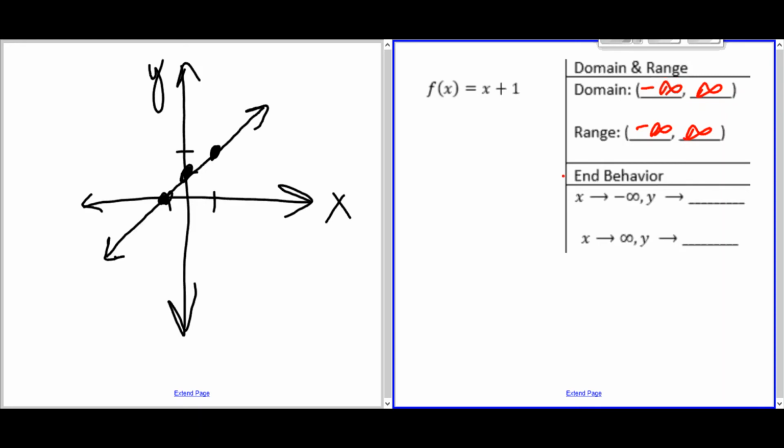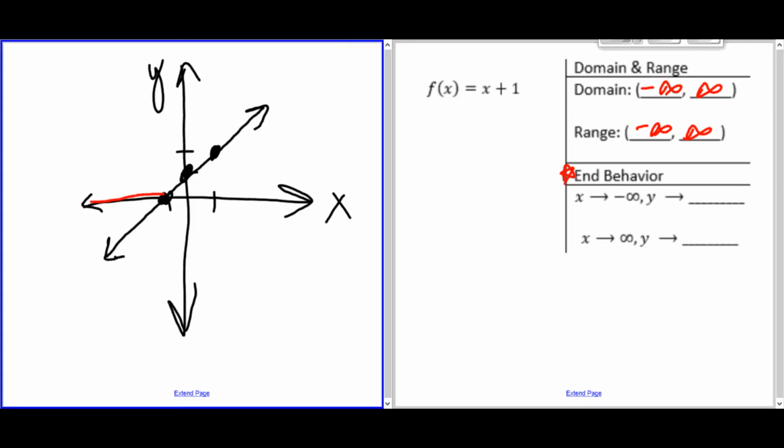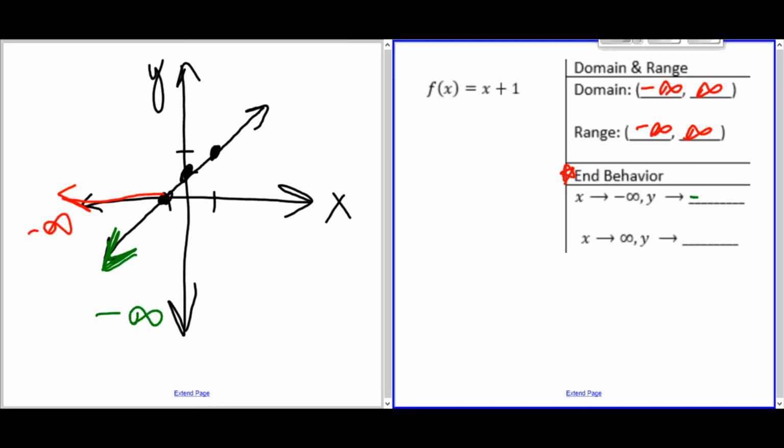That new piece, the end behavior. So let's look. As x approaches negative infinity, what does y approach? I'm just going to start at this point here and go to the left. So this would be my negative infinity. As x approaches negative infinity, what's happening to the left arrow? This left arrow, notice, is going down. So this would be negative infinity along the y.